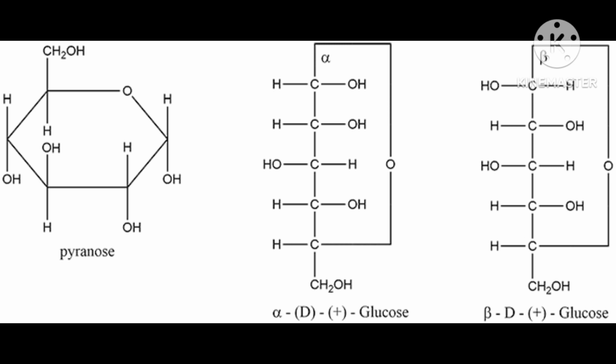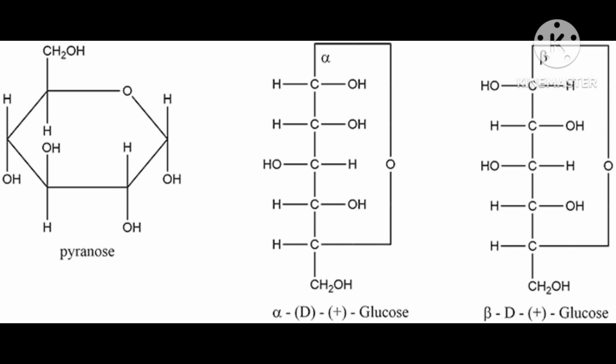The alpha form of glucose, its melting point is 419 Kelvin, and it is obtained by crystallization from a concentrated solution of glucose at 303 Kelvin, while the beta form, its melting point is 423 Kelvin, means a 4 degree difference is there.